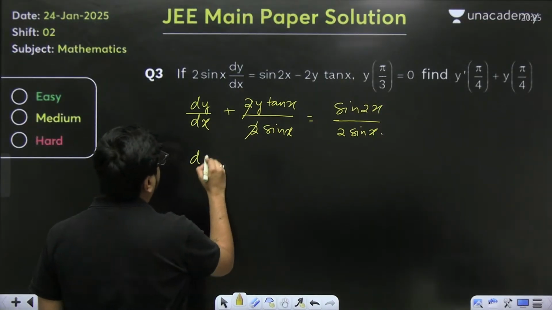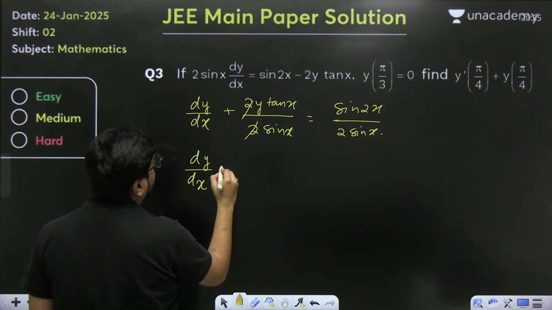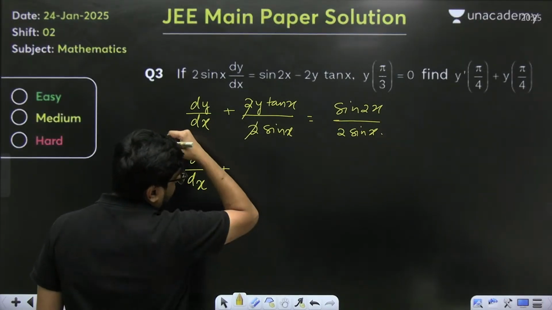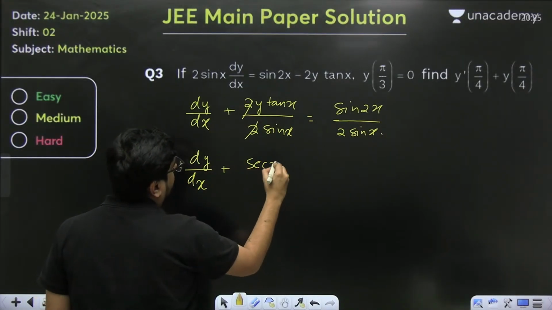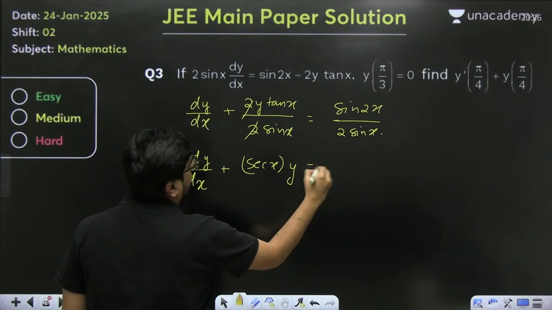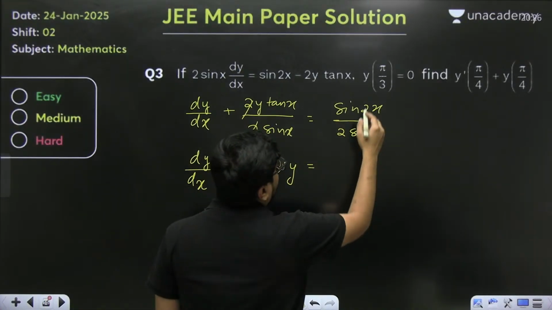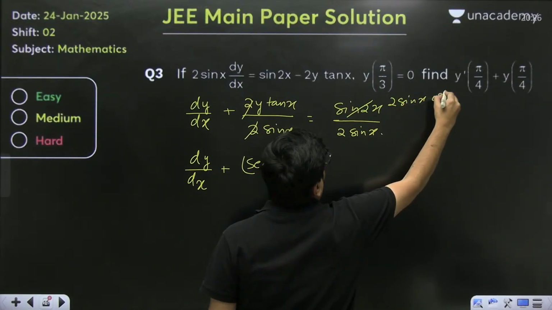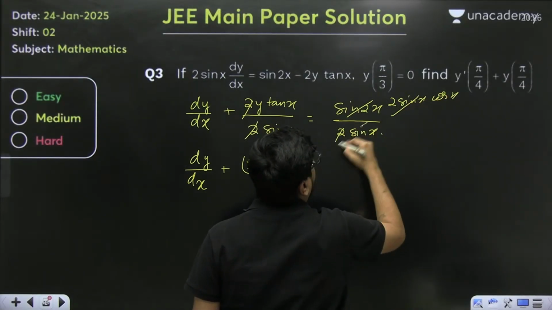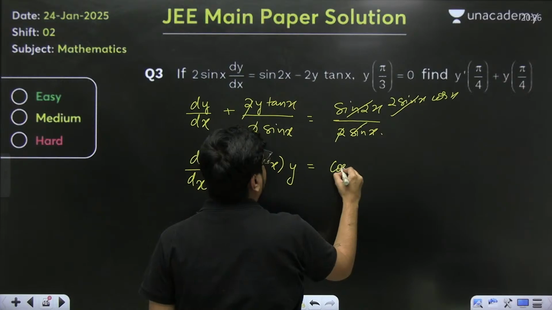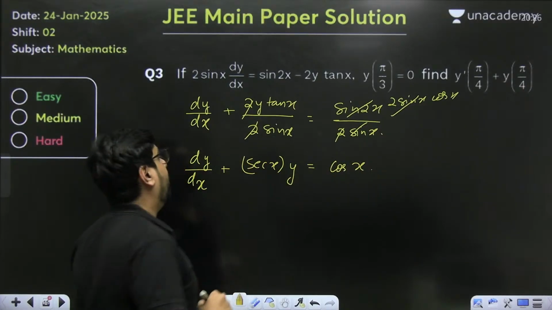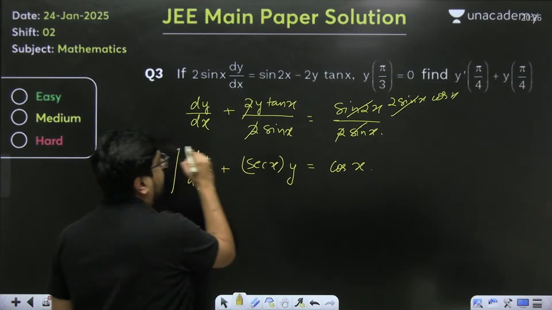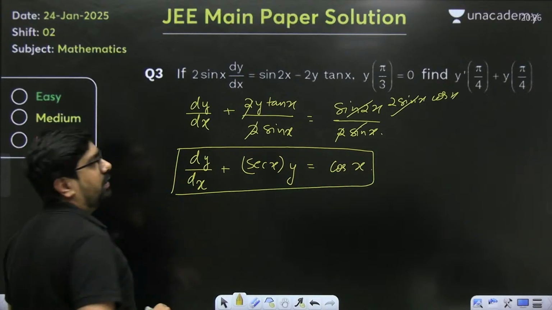So this will become dy by dx plus sec x into y equal to, what will this become? This will become 2 sin x cos x. So 2 and this will get cancelled. Only cos x will remain.